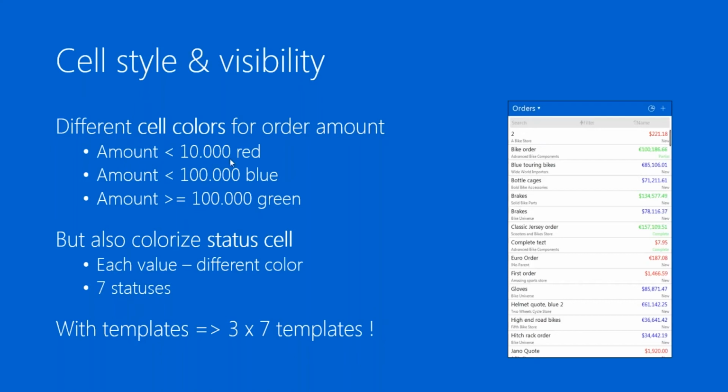And you want to colorize the amount based on the actual total amount. So you will have 3 different colors based on the value. This is fine. You could do this with previous versions of Resco. You needed to define a row template. That means that you needed to define a look of one line in the list, of the whole line.